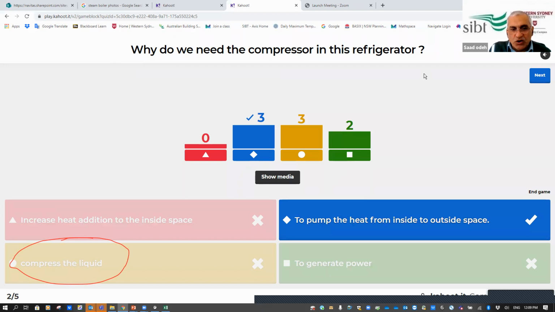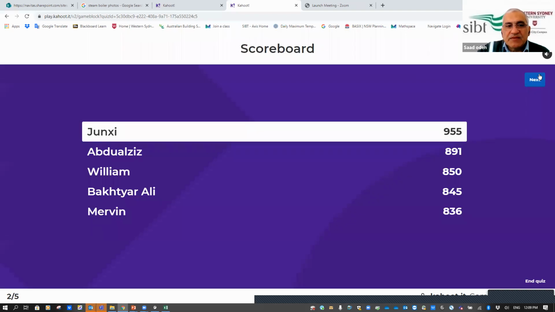If I say compress gas, I agree with you there. That can be another correct answer. So the liquid is pumped, right? Yes, with the liquid we use the pump. With the gas, we say compress the gas. Okay, no problem. Let's continue.